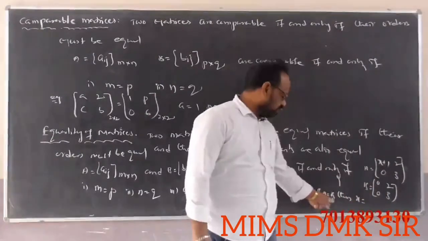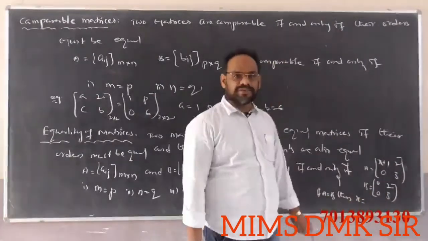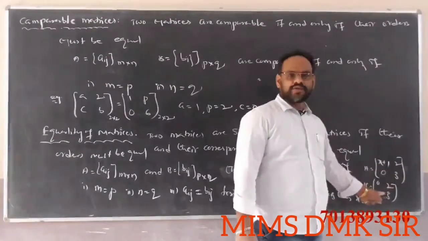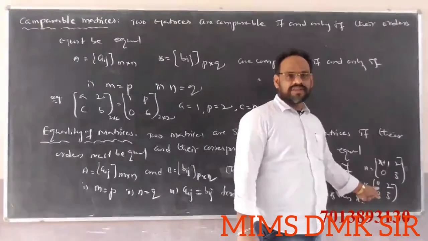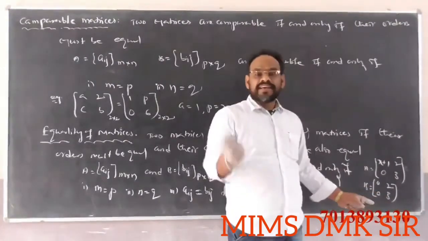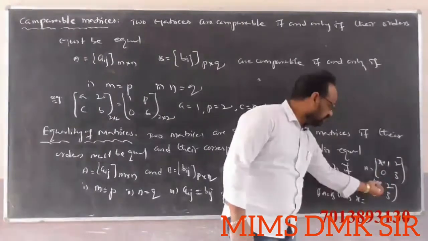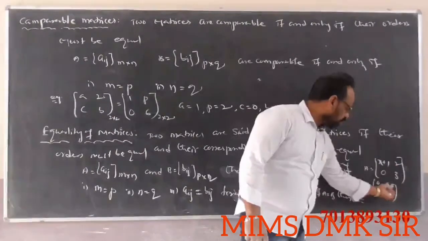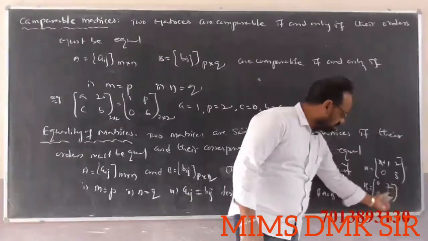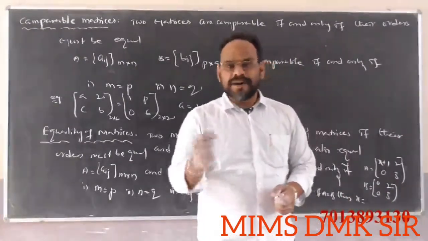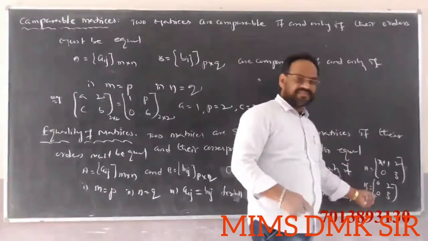If A is equal to B, then find the value of x. Observe here, order must be equal. This is a 2 by 2 matrix, this is also a 2 by 2 matrix. Orders are also equal, and equal matrix means their corresponding elements must be equal: x plus 1 corresponds to 0, 2 to 2, 0 to 0, 3 to 3. Then only two matrices are equal.